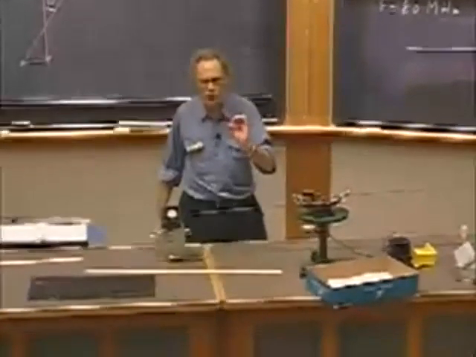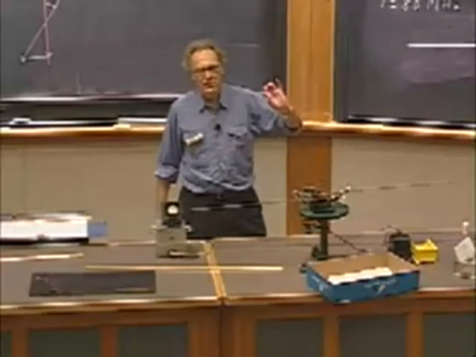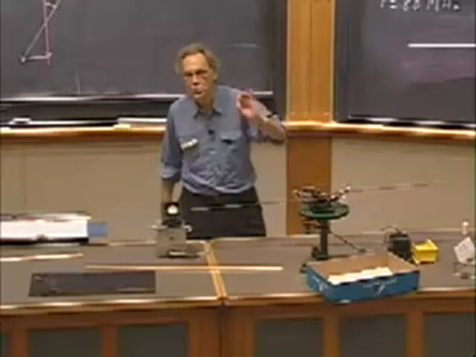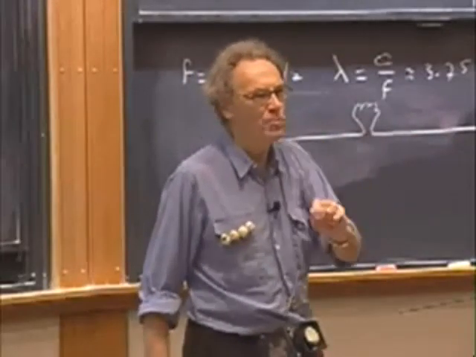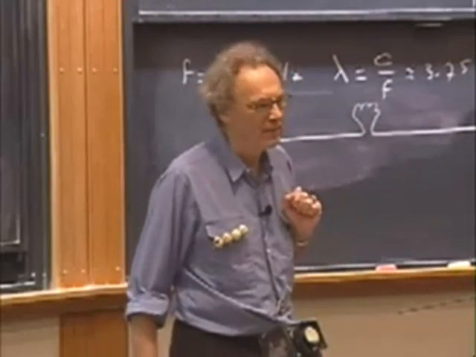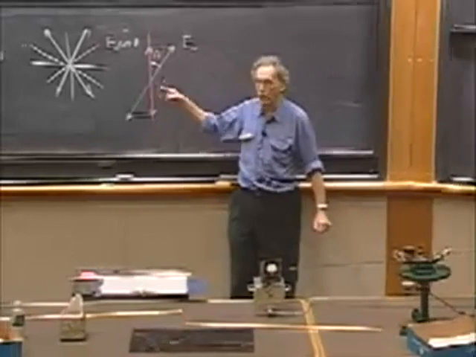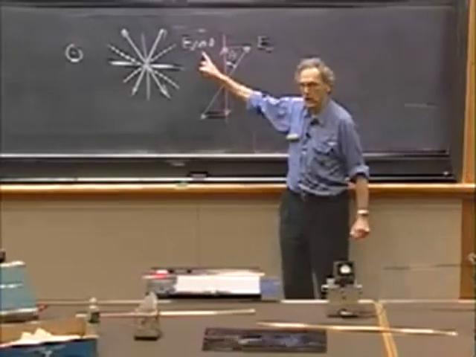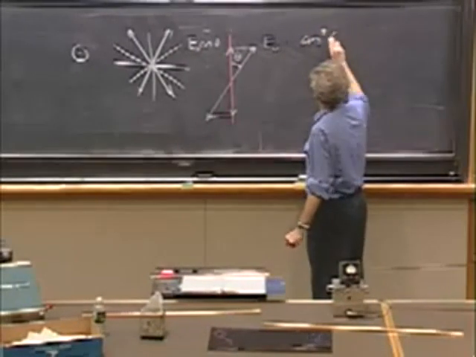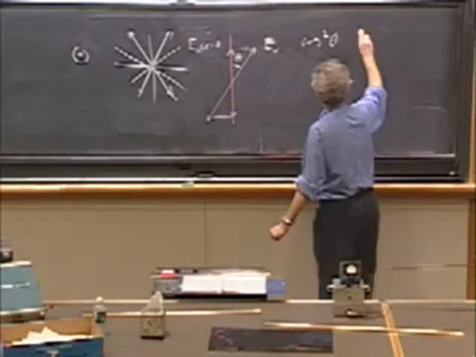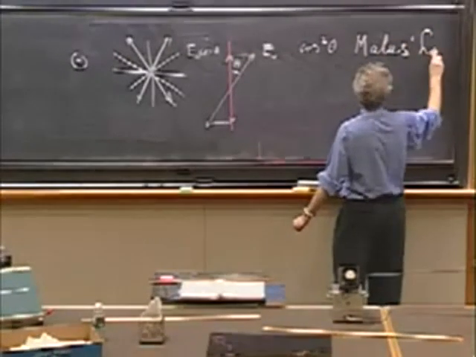You remember from 8.02, the pointing vector, which is responsible for energy transport, which is proportional to E cross B. But B is proportional to E. So E cross B is always proportional to E squared. And so therefore the light intensity that emerges from this plate is proportional to cosine square theta. And that is the reduction of the light intensity, and that is referred to as Malus's law.